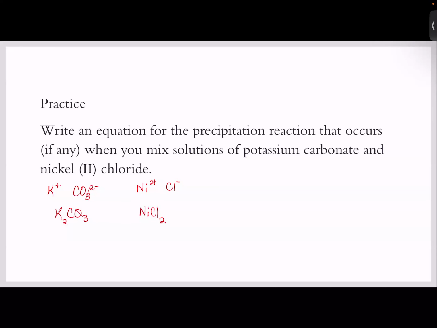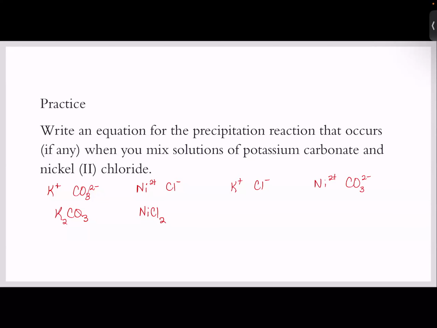Now, we're going to assume this is a double displacement reaction because we're dealing with 2 ionic compounds. And if it's a double displacement reaction, it means that the cations are going to swap the anions they are associated with. So our potassium is now going to be connected with the chloride, and the nickel 2 is going to be connected with the carbonate.